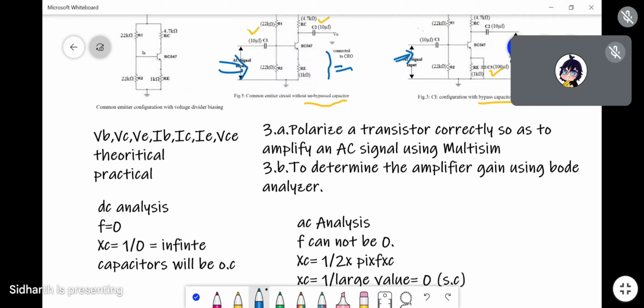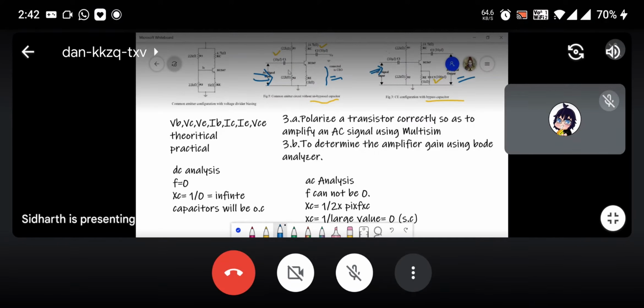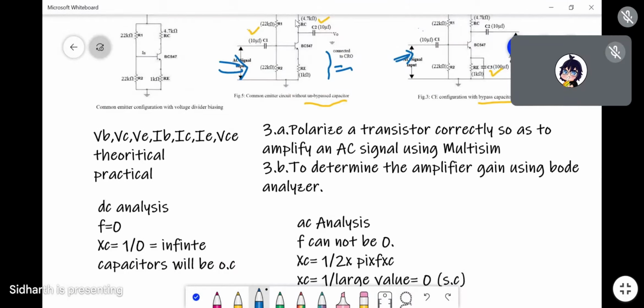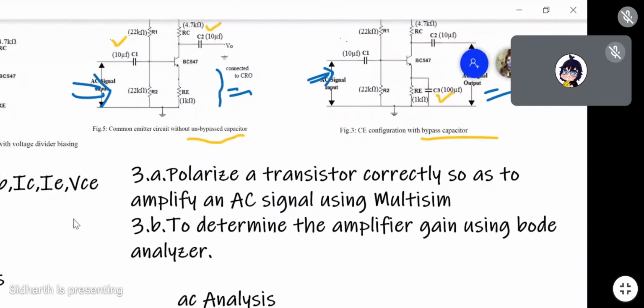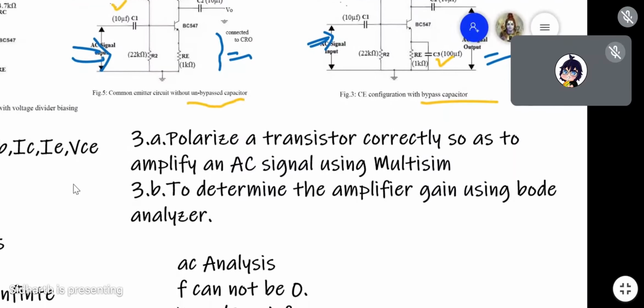So design the circuit first, then you have to use the condition with the bypass capacitor and without the bypass capacitor. Then find out all the theoretical values for VB, VC, VE, IB, IC, IE, VCE. Then connect the multimeter in the circuit and find out the practical values for these parameters, and then find out the percentage of error between them.